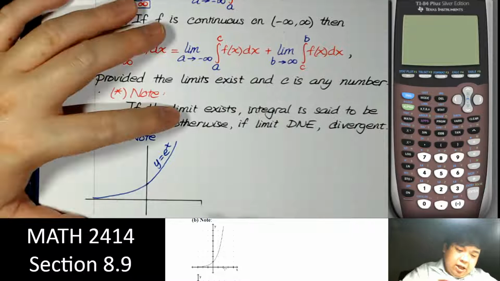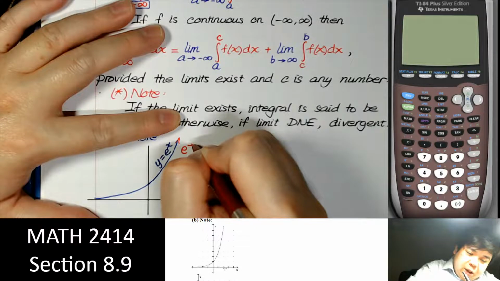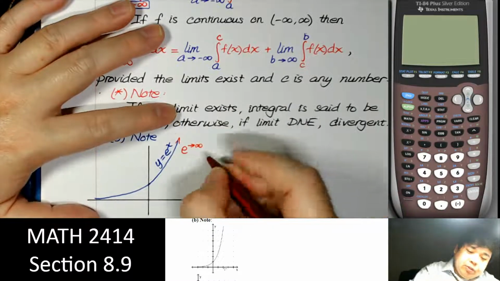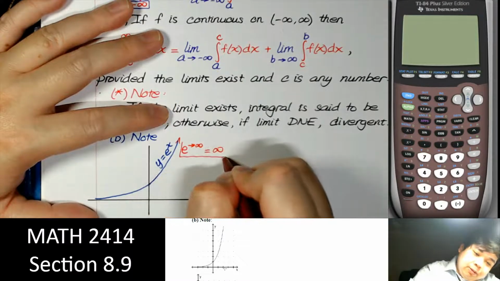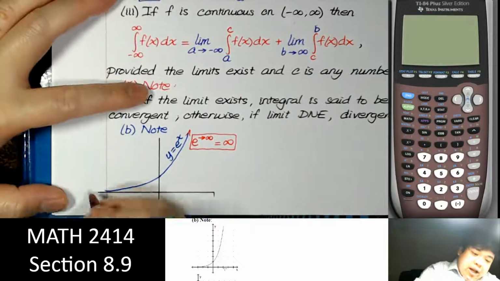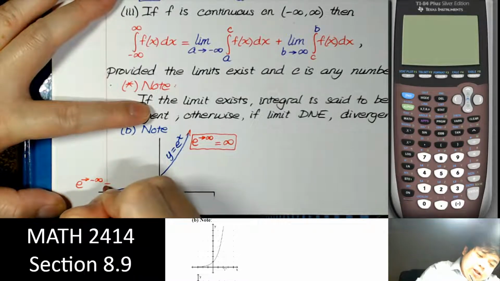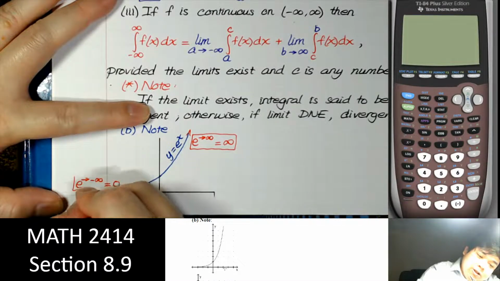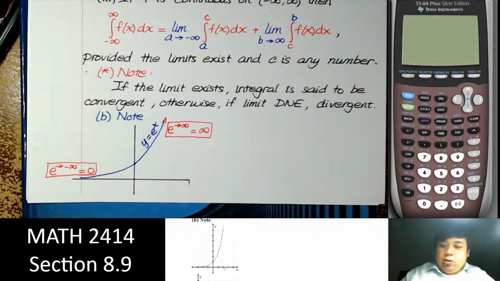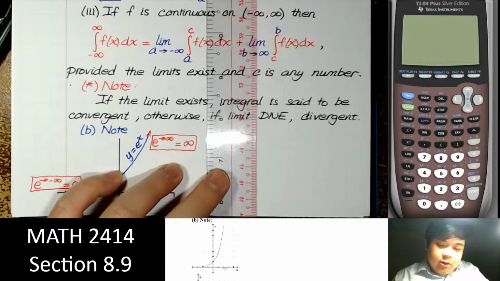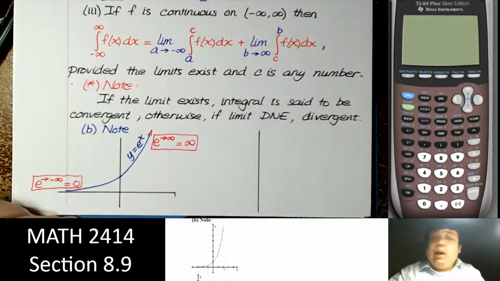What we focus on here is the right end, as it goes to infinity, it goes to infinity. On the other end, as it goes to negative infinity, it is equal to 0. That's the exponential function. And then we have log.